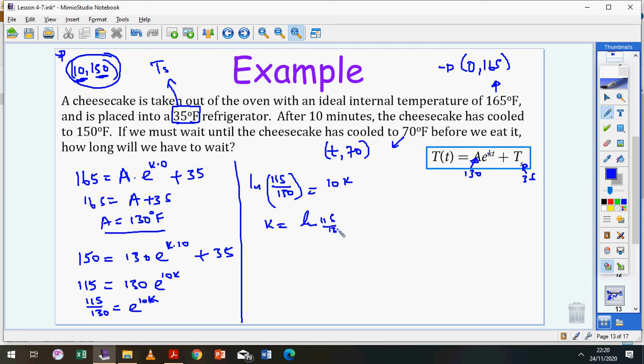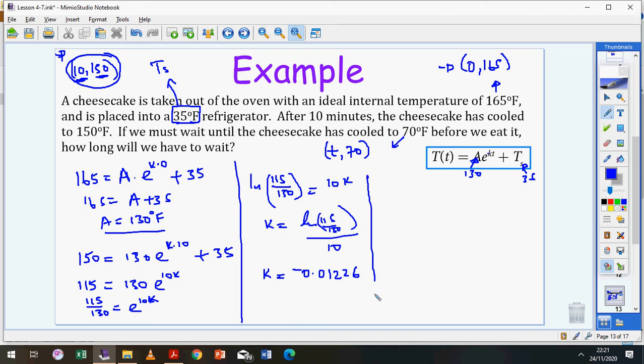If you simplify that, I get negative 0.01226, rounded.